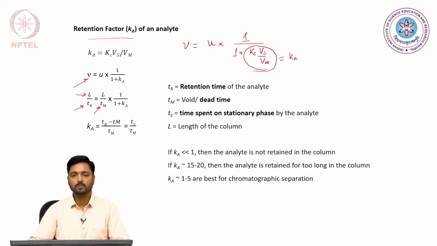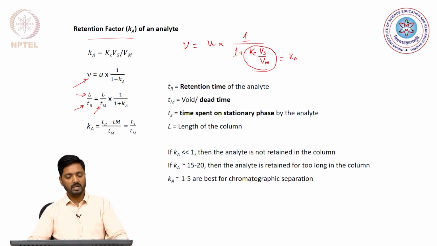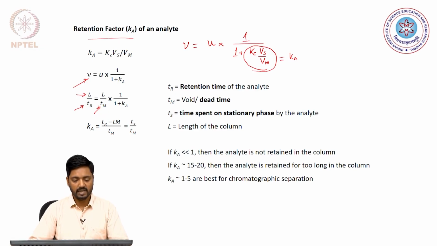So, the equation boils down to L by Tr, which is the velocity of the analyte, is equal to L by Tm, which is now the velocity of the mobile phase, multiplied by 1 by 1 plus Ka, where Ka now is our retention factor.